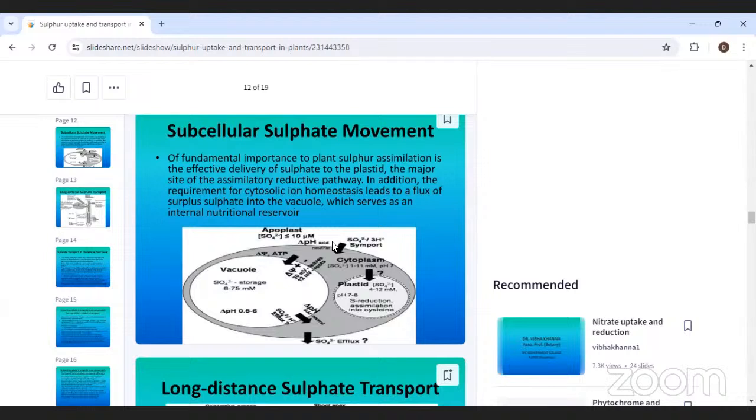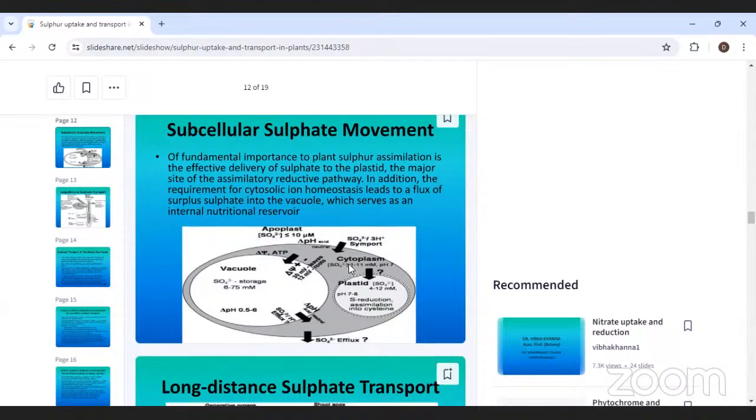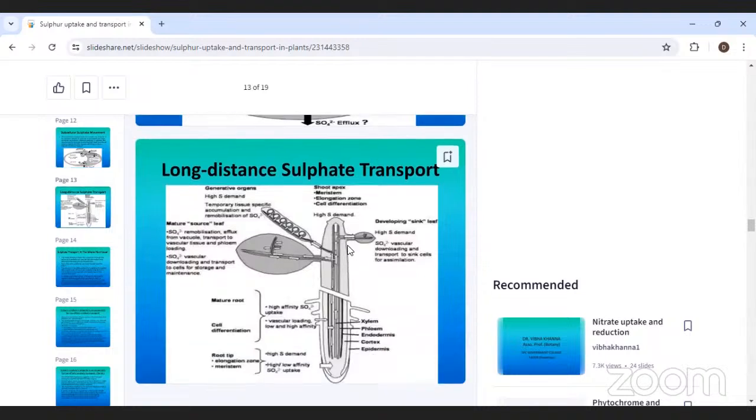Sulfite is then reduced to sulfide in the presence of sulfite reductase. The sulfite reductase transfers six electrons from reduced ferredoxin to form sulfide. You can observe this in the picture.